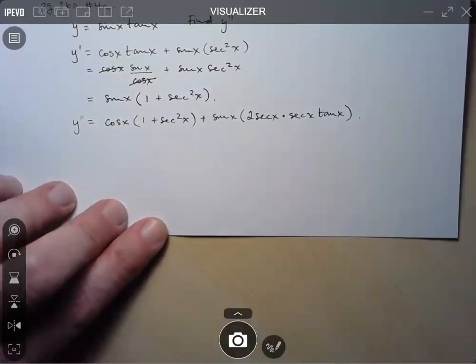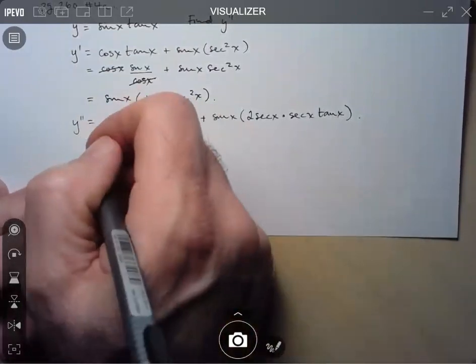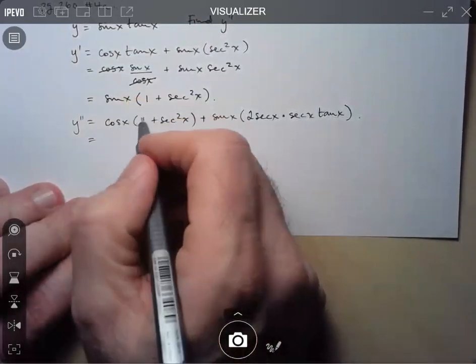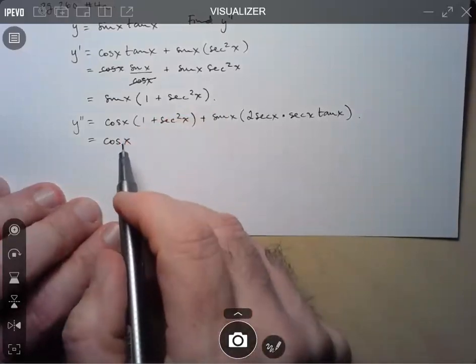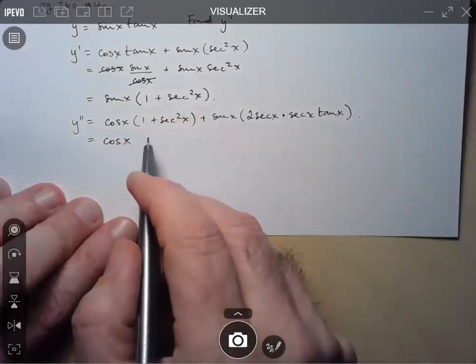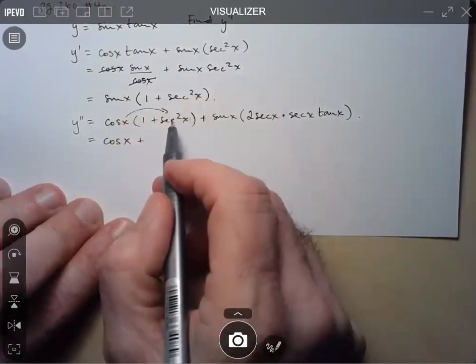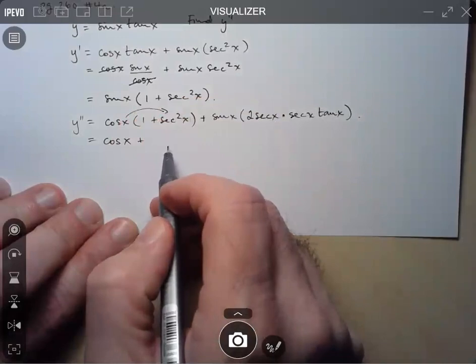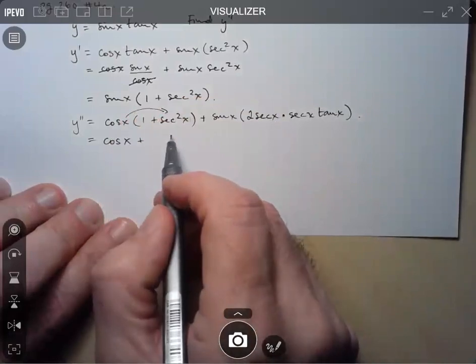Okay, so let's see if we can simplify this a little. We've got a cos x there. I'm going to save myself a little bit of time, because when I do this multiplication, I know this is 1 over cos squared. So I've got a cos x in the numerator and cos squared in the denominator.